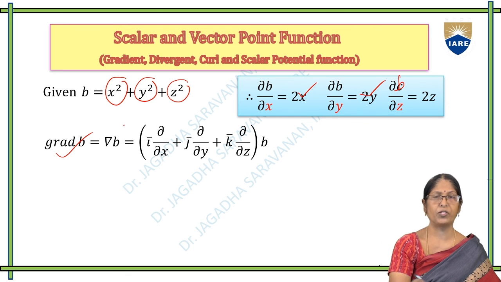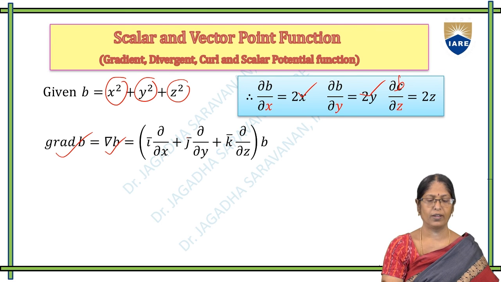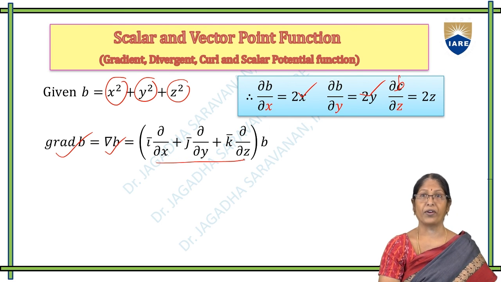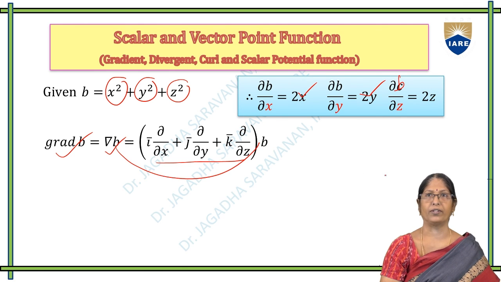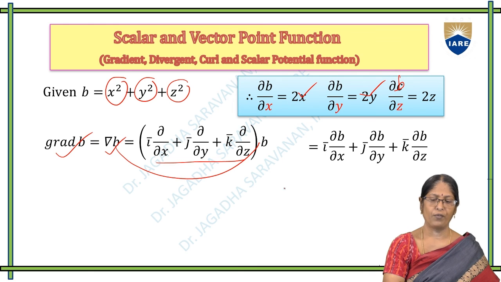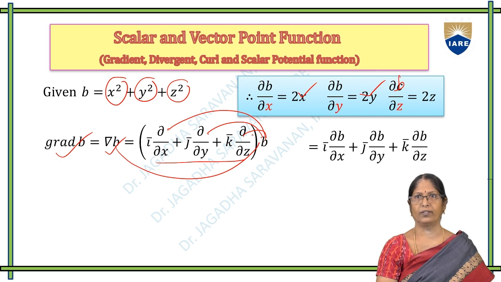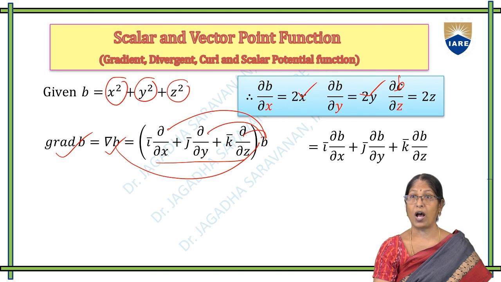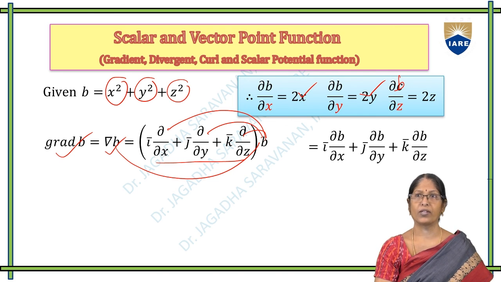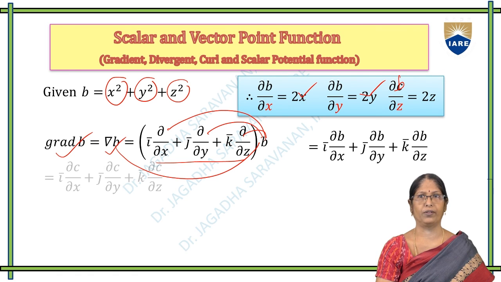Now the gradient B, mathematically the symbol notation we used is this: for gradient, i dou by dou x plus j dou by dou y plus k dou by dou z, the B which is written as it is. Next step, we have taken the B inside. So the three places it is placed. So i dou B by dou x plus j dou B by dou y plus k dou B by dou z.